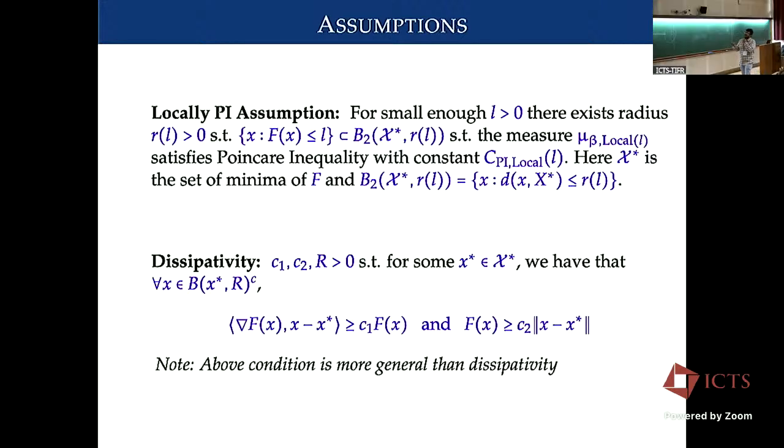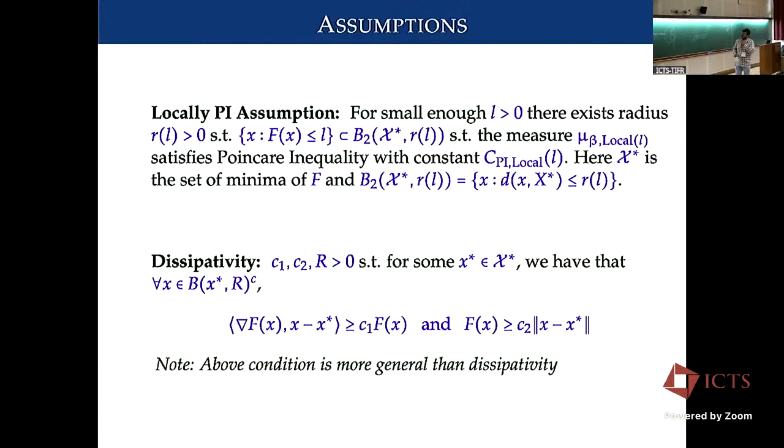X star here is the set of minima, and the ball around X star is basically all points that are R(L) close to X star. And you want Poincare inequality to be satisfied here, and let's say C_PI local is the Poincare constant when I restrict the measure to that set.